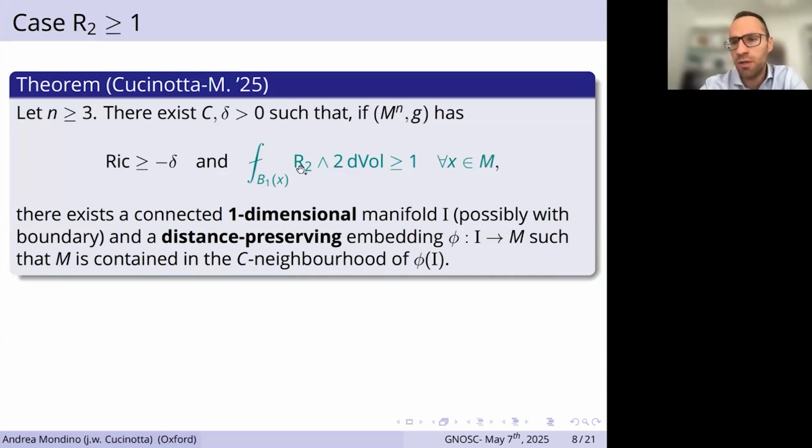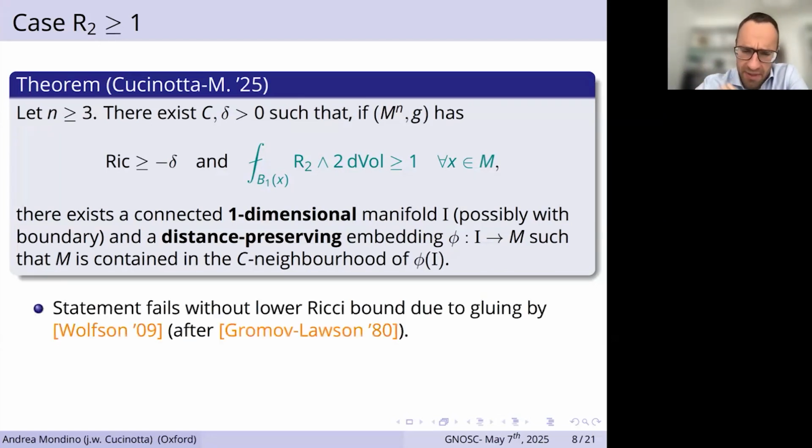So this allows some small regions where R2 could be very negative, but the integral must be positive. And again, under this assumption, we have the same conclusion, which is that from far away, the manifold looks one-dimensional. The manifold is contained in a neighborhood of a one-dimensional manifold.